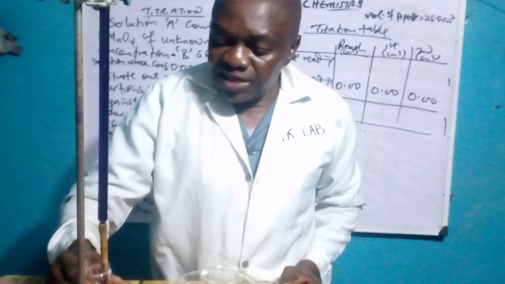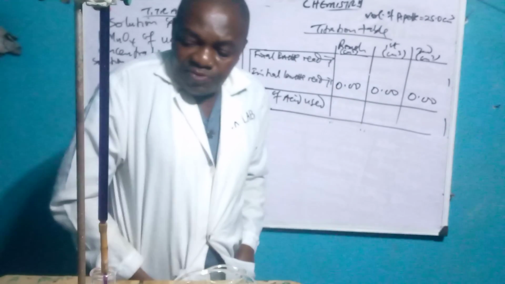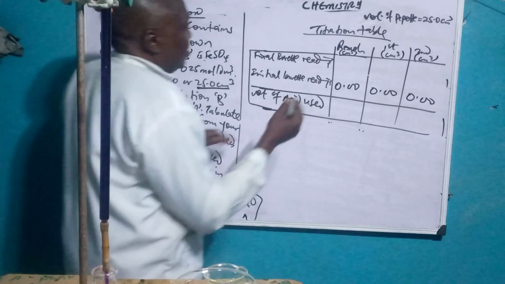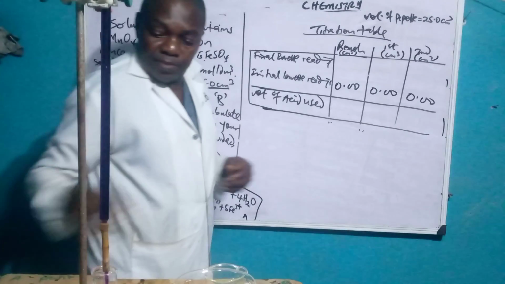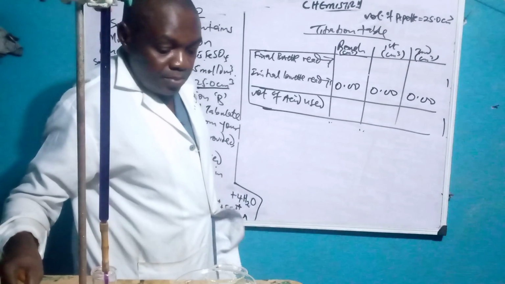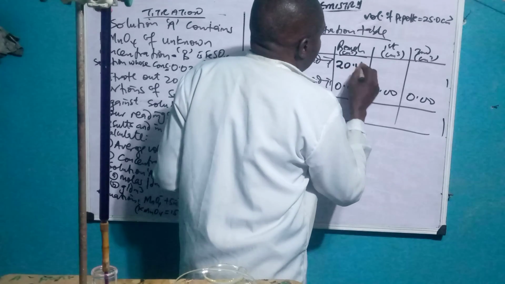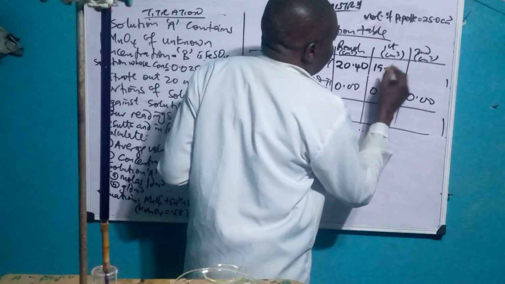So for the purpose of this titration, we are going to use an endpoint of 19.3, and we are not going to repeat it. Let's say the first one is 20.40. The one we are using now is 19.30.